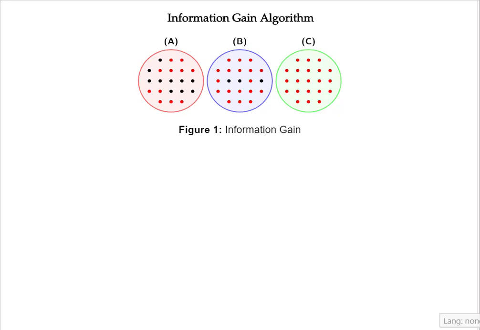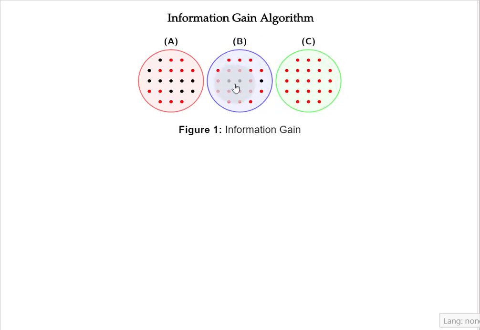Now to start with, if you just see these three pictures over here, this is the distribution of, let's say, male or female for a particular school, or for a particular class. Which one will be easier to explain? If I see diagram C, it is more homogeneous, because you only have red dots.